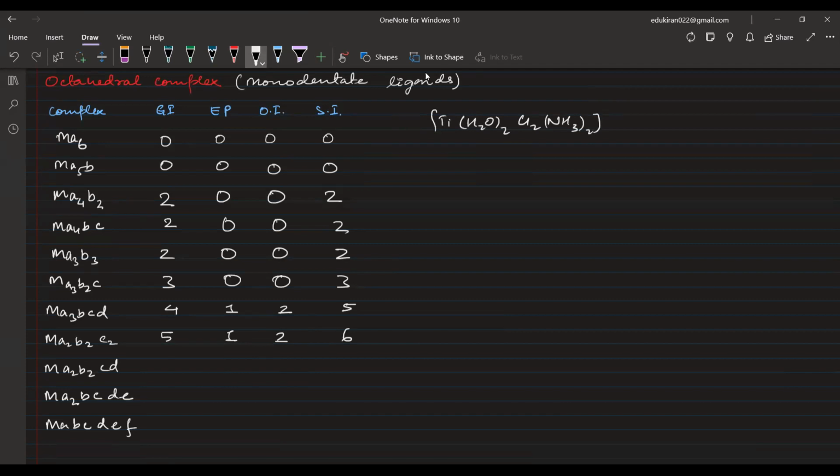So you identify what type is there. For example, this is M, A2, B2, C2, right? So you just need to revise this table before going to the examination. They're not going to ask you how we get this many geometrical isomers, but it's better if you have an idea. अगर आप लोग ये table भूल जाएं, तो फिर आप लोग ये trans वाला method use करके खुद भी याद रख सकते हैं.